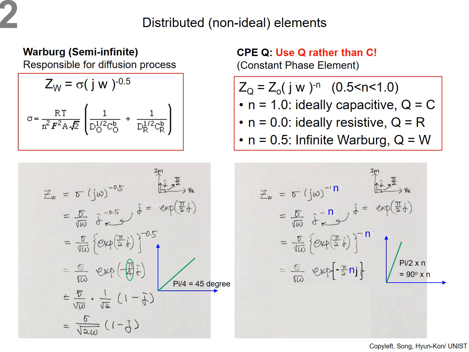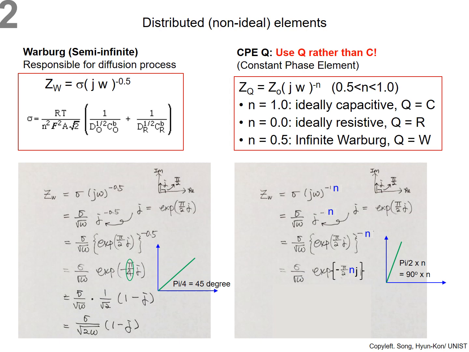I have said about the ideal models. Ideal models means the models have very ideal circuit elements like resistance and also capacitance. However, sometimes we could not express the behavior of impedance by the ideal models.